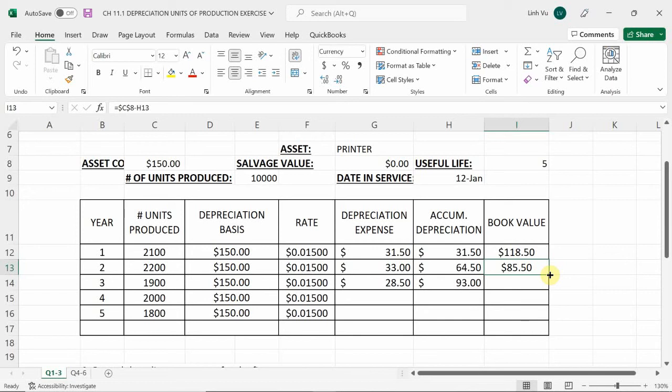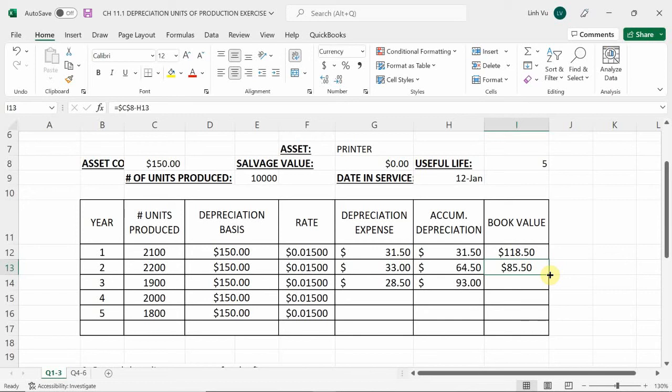What is my historical cost? Okay, 150. All right, I only used $93. That's your book value. Okay.